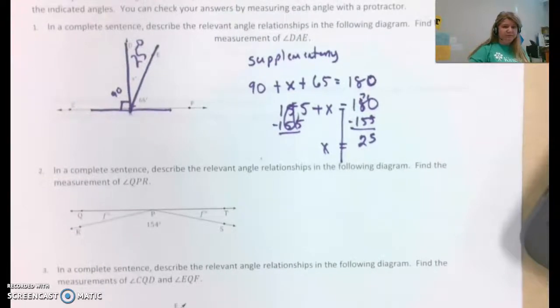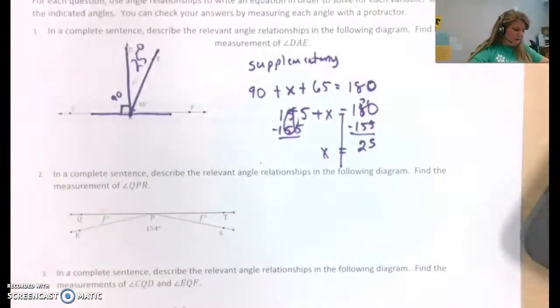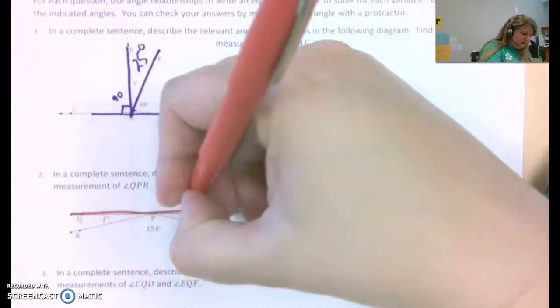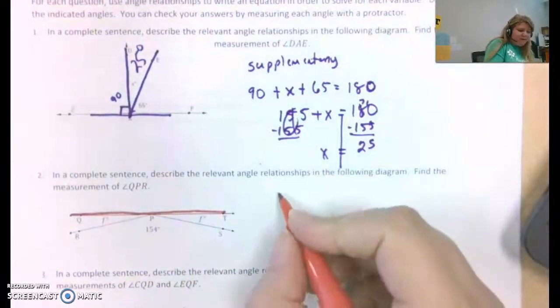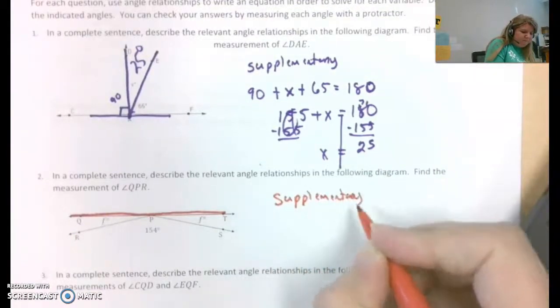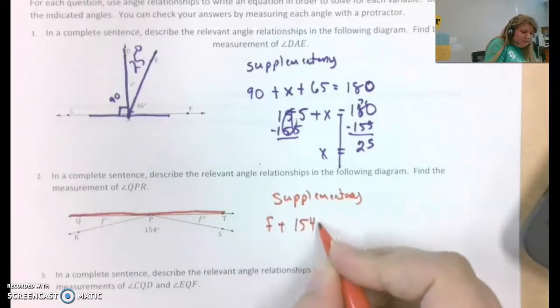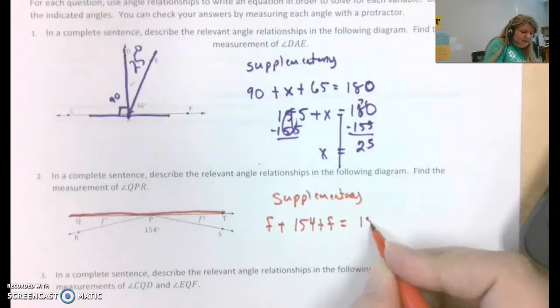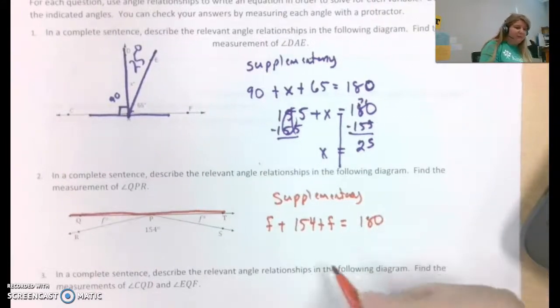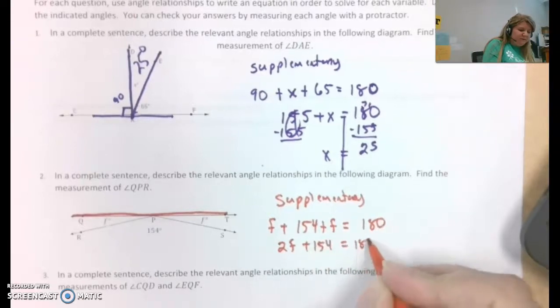Number 2. Describe the relationships in the following diagram. So here it appears that, again, I have angles on a line which are supplementary. So I have F plus 154 plus F is 180 degrees. F and F make 2F plus 154 is 180.